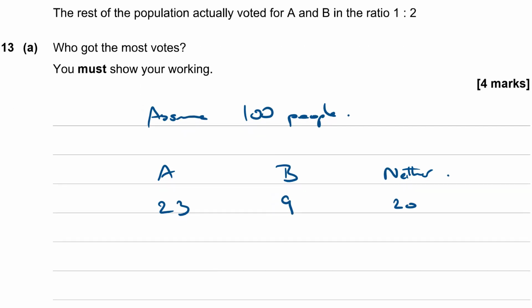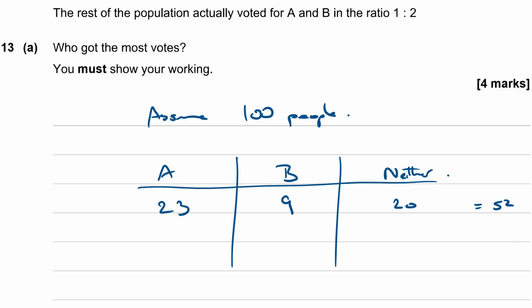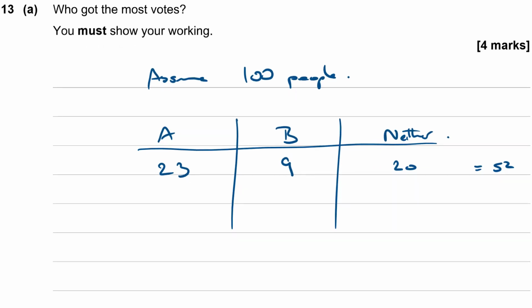So how many is that then? That is 23 plus 9 is 32 plus 20. So that gives you 52 people so far. So we've got another 48 people to allocate then, don't we, to our voting table. Okay, so we've got 100, subtract 52. We've got another 48 people to allocate.